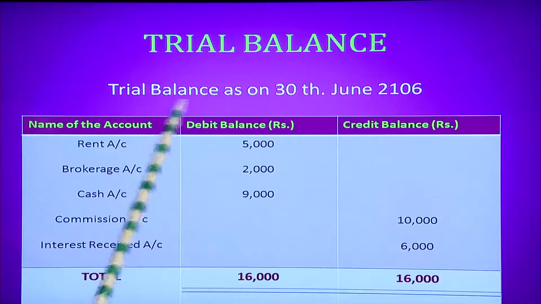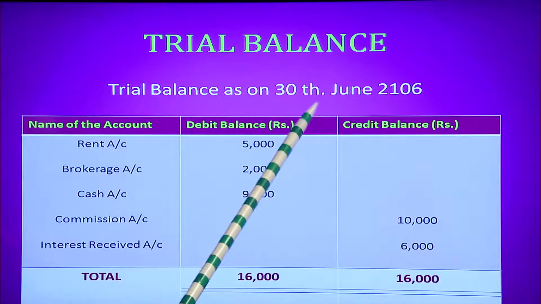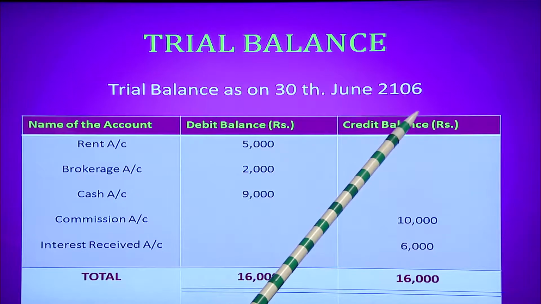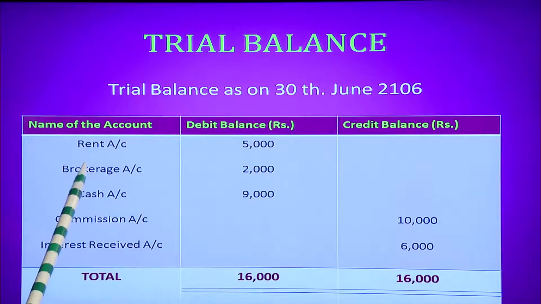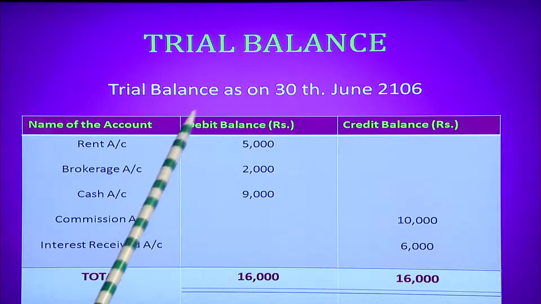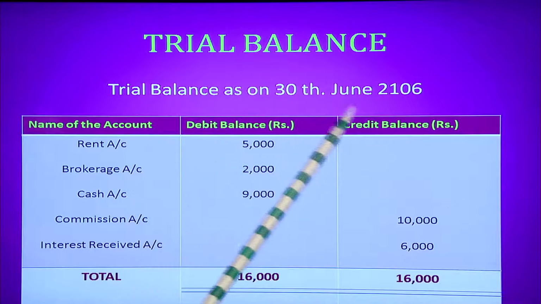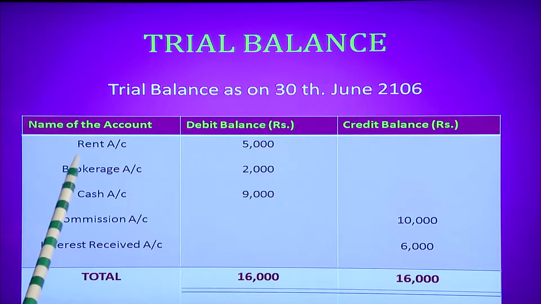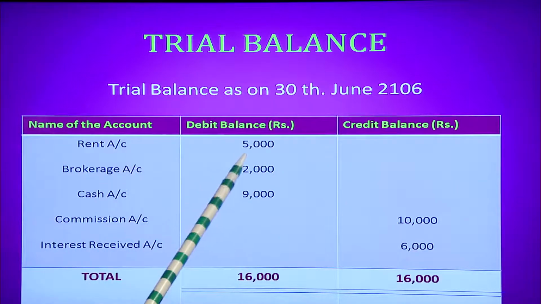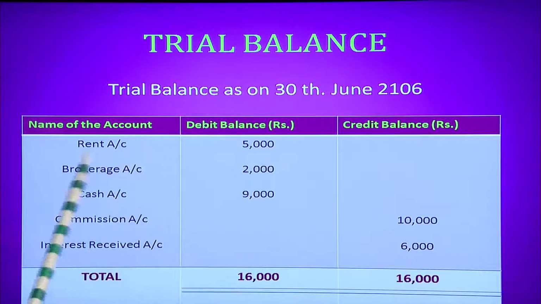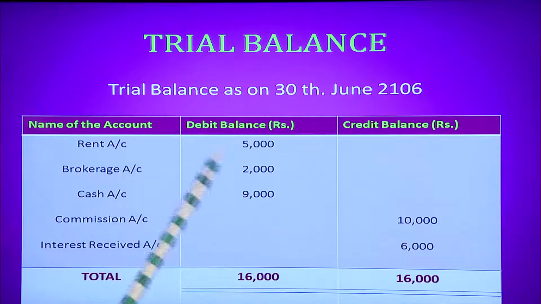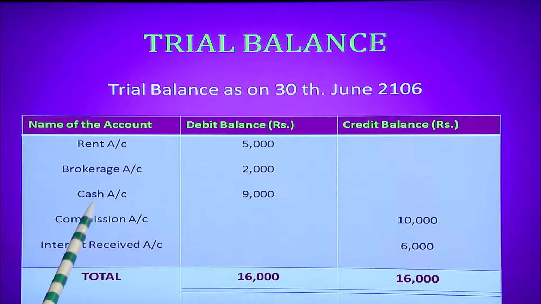So, we prepare the trial balance as on 30th June 2016, and whatever balances our 5 accounts showed, we transfer them accordingly in the debit side and the credit side. Rent account had a debit balance of 5,000 rupees, brokerage account had a debit balance of 2,000 rupees, cash account had a debit balance of 9,000 rupees.